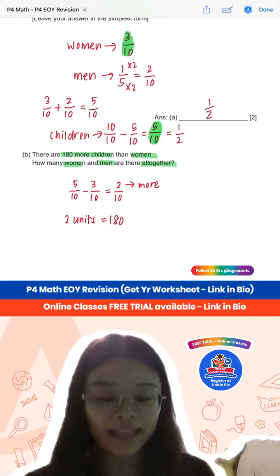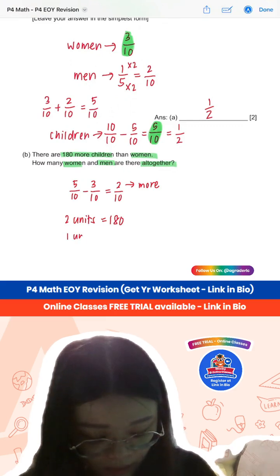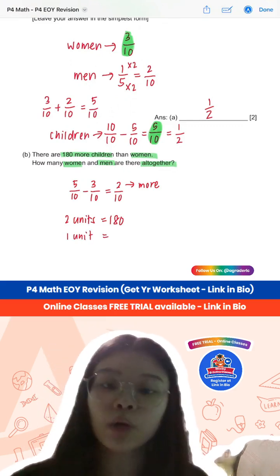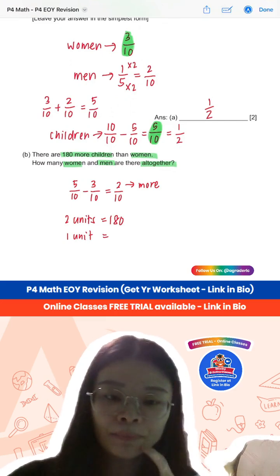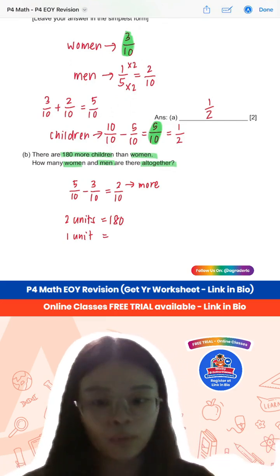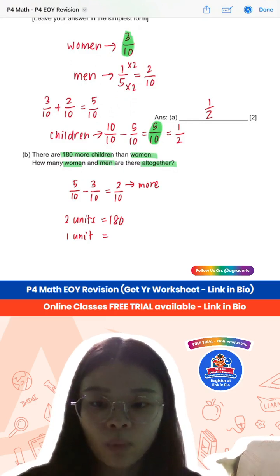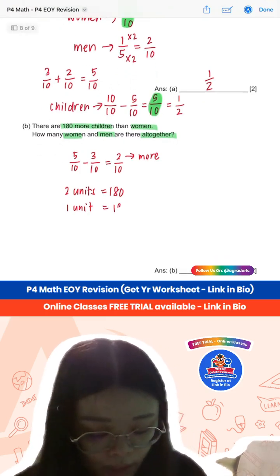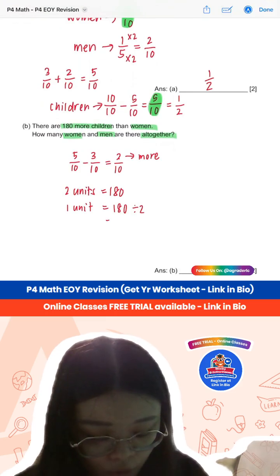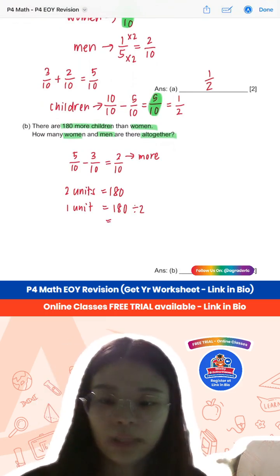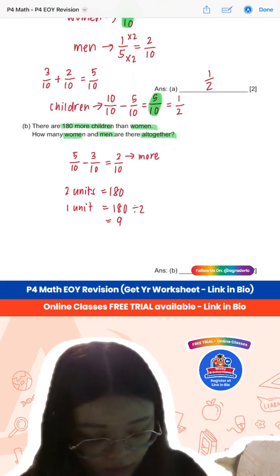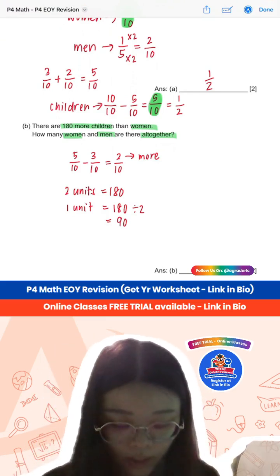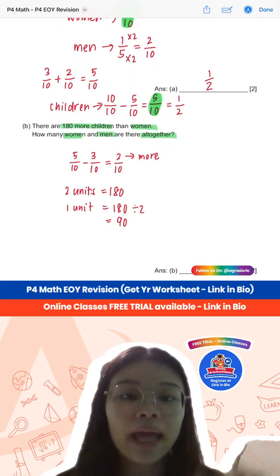Okay, great. And then the next one, we can find our 1 unit. When doing unit questions, remember to find 1 unit. If you are stuck in a question, at least find 1 unit first. So 1 unit is 180 divided by 2. Yes, Eden EV, 1 unit is 90. Good. Now that we get 1 unit, I want to find out how many women and men.